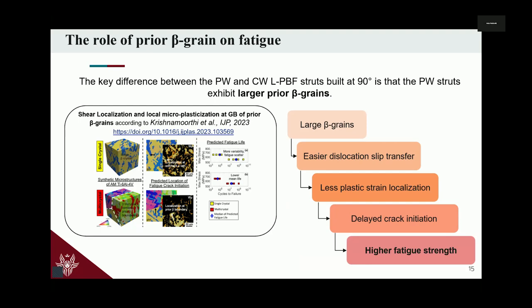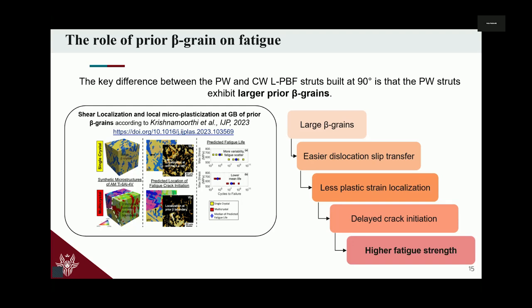So the smaller the beta grains are, the more grain boundaries we have, the more plastic strain localization we have. Conversely, the larger the beta grains are, the less statistically possible it is that we have these concentrations that can lead to microstructural failure.